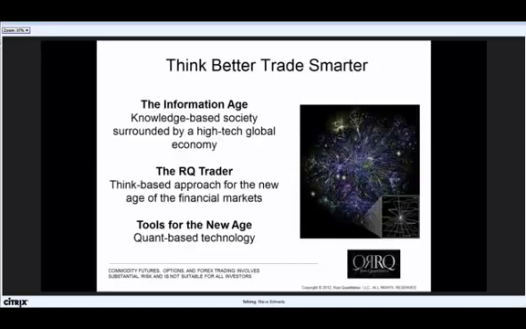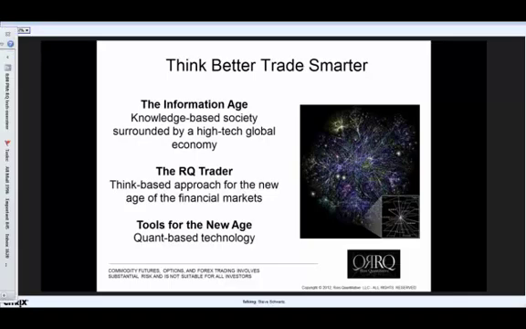Now, I know that everybody has seen this slide, but I want you to think now, not as somebody that's just joined us, but really think about what you are accomplishing with RiosQuant, either from the standpoint of exponentially growing your profits or evolving into a more efficient trader. And it's all contingent upon this information age that we all live in, and what we quant traders rely on now.